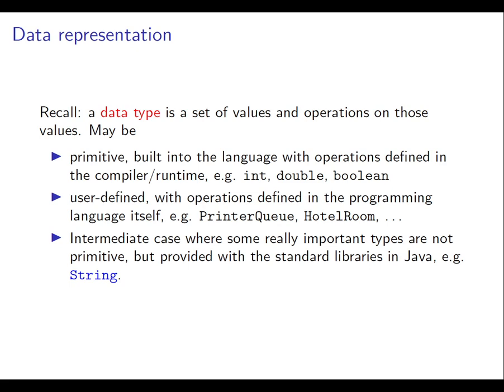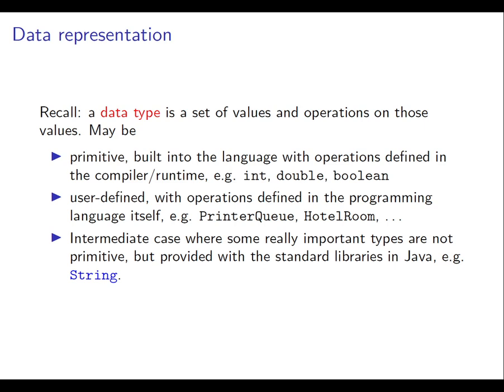One slightly confusing thing about Java is that there's a whole kind of halfway house where things are defined in classes that come as standard with the library and with the language itself, and are so standard that learning Java includes learning how to use these standard classes. And the absolute most standard one is String, which we've already been using more or less as though it were a primitive type.